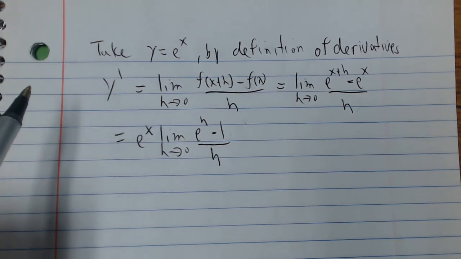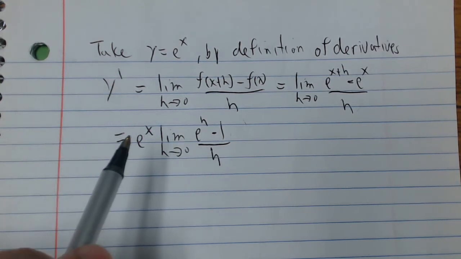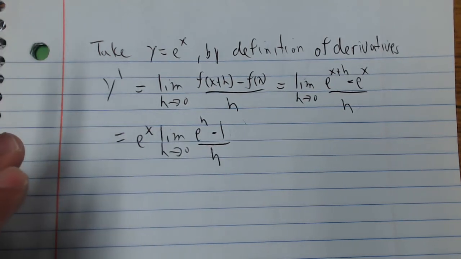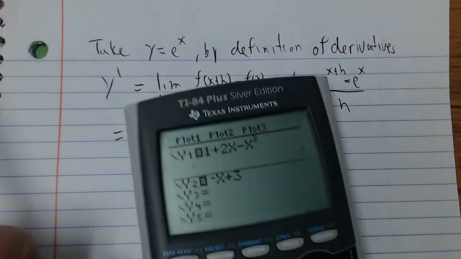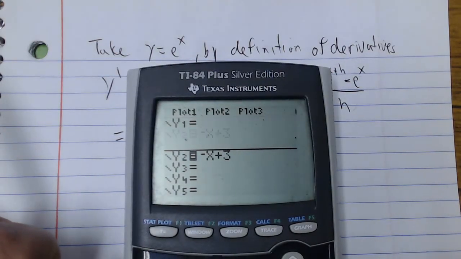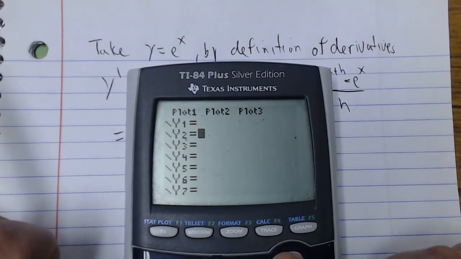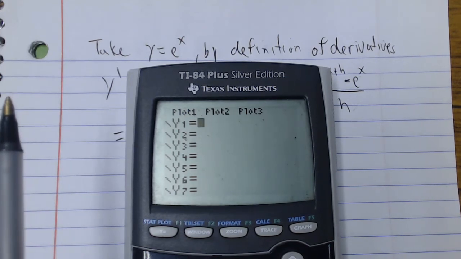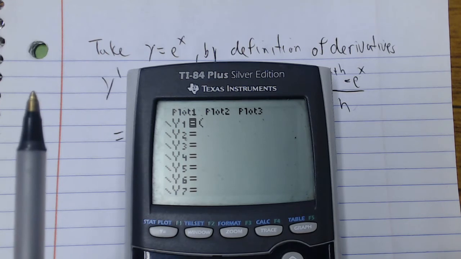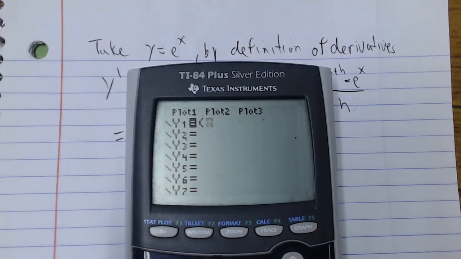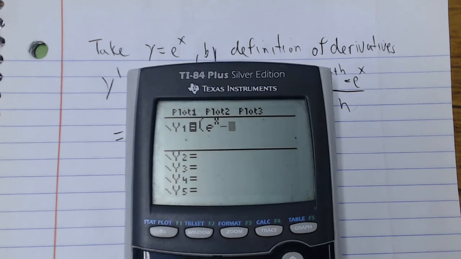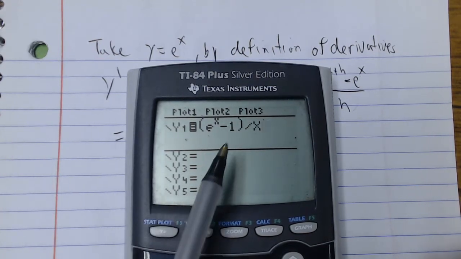So probably the best thing to do here is make a table and see what happens. Using my calculator, I'll use e to the x minus 1 all over x, so instead of h, I'm putting x.